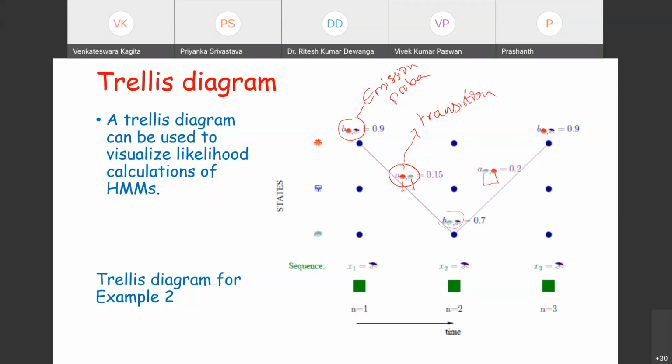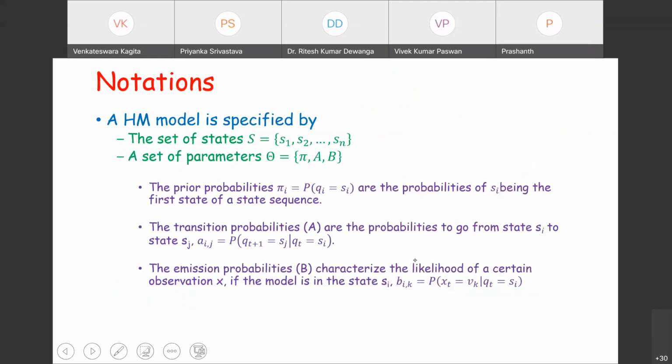Okay. And we also have the prior probabilities, which is: what is the probability that sunny is the starting state? What is the probability that rainy is the starting state? Or what is the probability that cloudy is the starting state? This we call the prior probabilities. So we have 3 kinds of probabilities. Okay, so a hidden Markov model is specified by a set of states and the parameters phi, A and B. So just now I have told you A is the transition probability, B is the emission probability, phi is the prior probability.